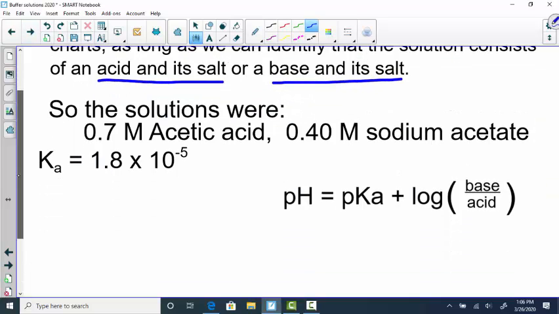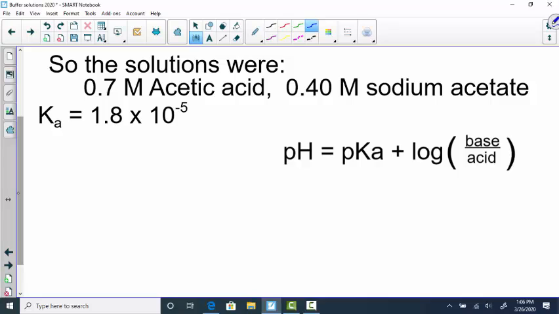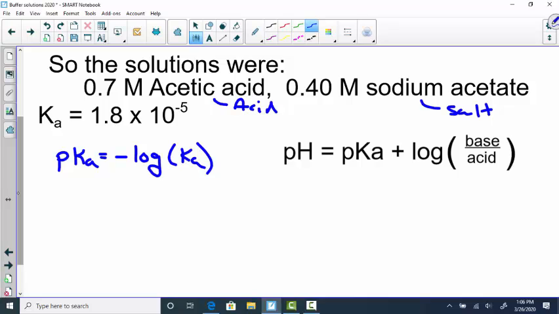So if we go back to the problem from yesterday, or previous, the solutions were 0.7 acetic and 0.4 sodium acetate. So recognize acid, recognize salt. And one thing we want to do is calculate the pKa. So the pKa is minus the log of the Ka.